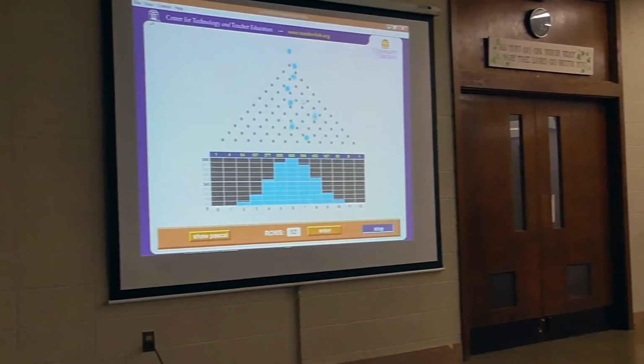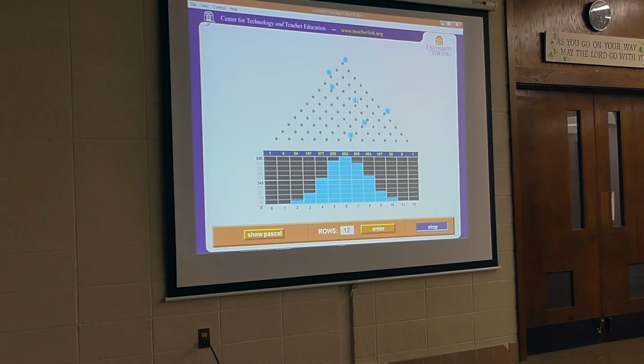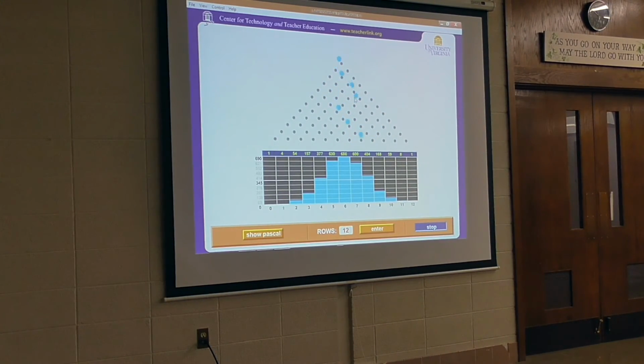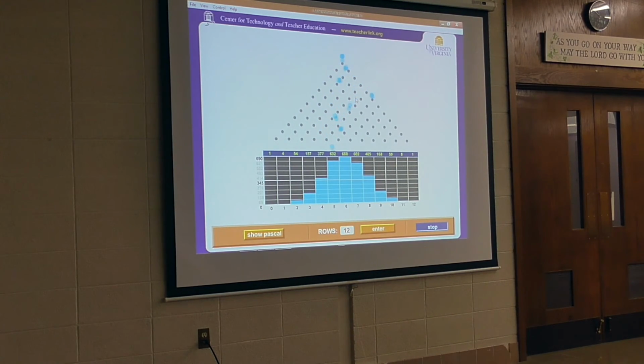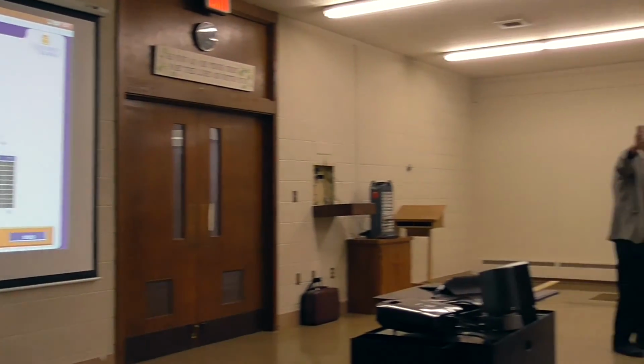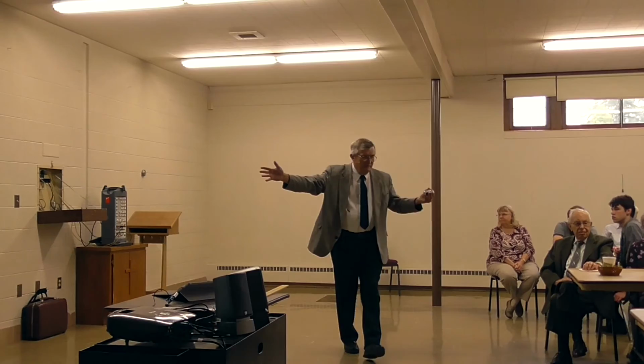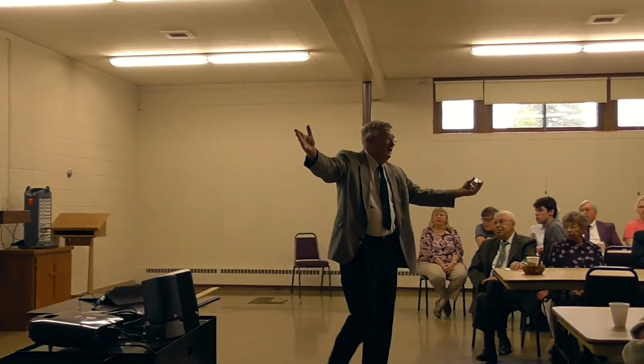So here it is. Now, what I'll do with my students at school is I'll usually let this run for sometimes a day or two. Do you notice how symmetrical this has become? So it kind of verifies that I told you there really was an equal chance of these things bouncing left or right. And it gets even more. By the way, that's the normal curve, the bell curve, as a lot of people call it.